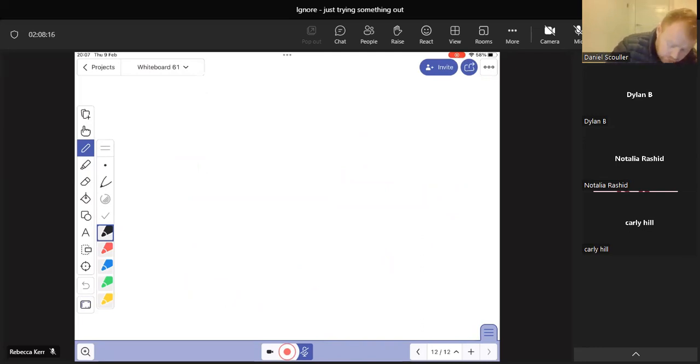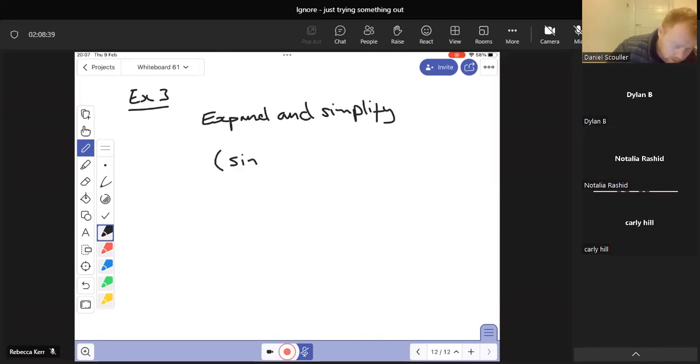Another way they can write it, but it means the same thing. It's been put in before as expand and simplify. And they give you sine x plus cos x squared.